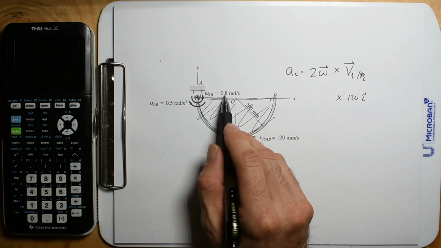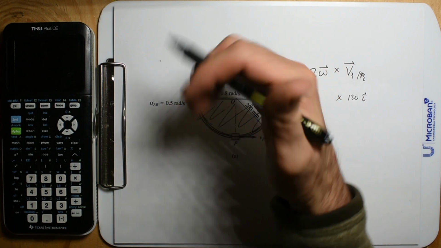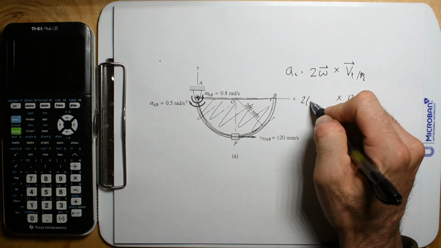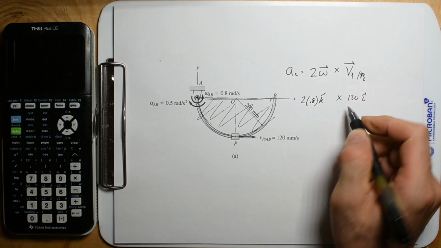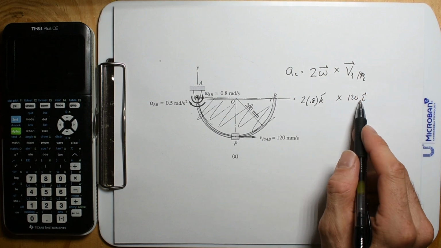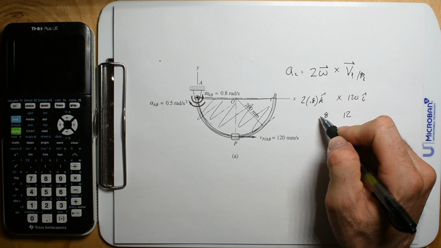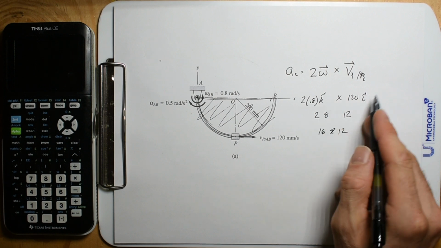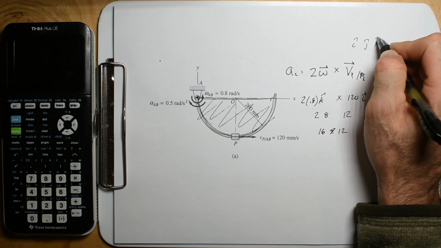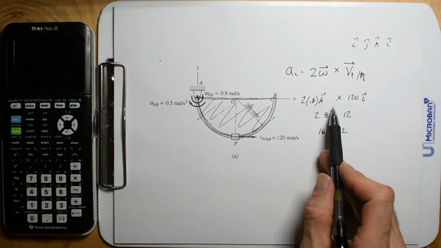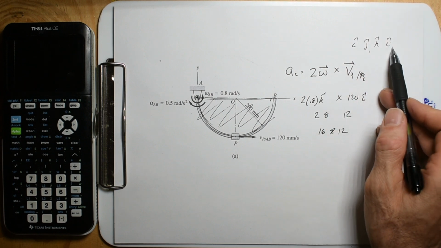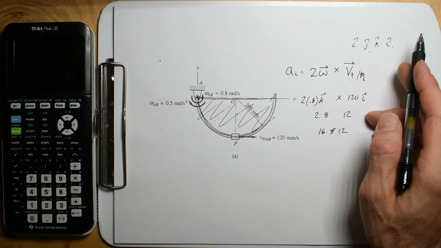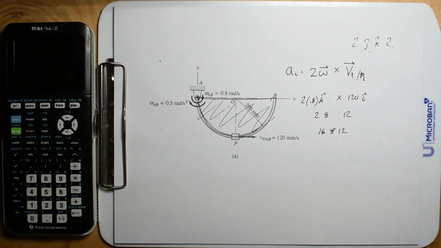But anyway, so they use this and it's going to be in the k-hat direction. So we have 2 times 0.8 k-hat times 120. I'm just going to say this is 12 and this is 8 times 2. So we have 16 times 12. K-hat times I-hat, we're going to go I, J, K, I. K cross I is positive, so we're going to have a positive J-hat acceleration.